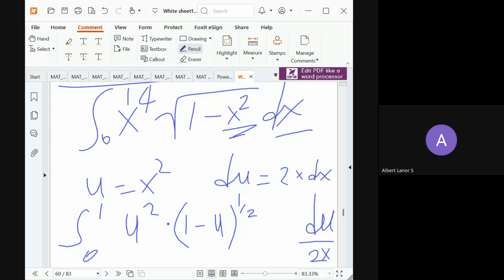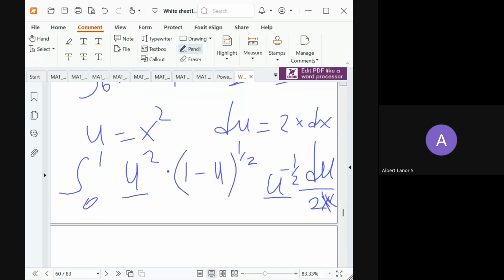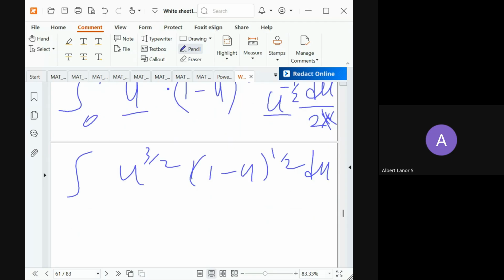So if I take it up, I'll have u to the power minus half, so that I will not have it in the denominator. Now there is a u here and there is a u here, so I can merge them together. I'm going to have the integral of u to the power 3 over 2 times 1 minus u to the power half du. Now this one, if I change it back to x, you have x to the power 3 over 2 times 1 minus x to the power half dx.